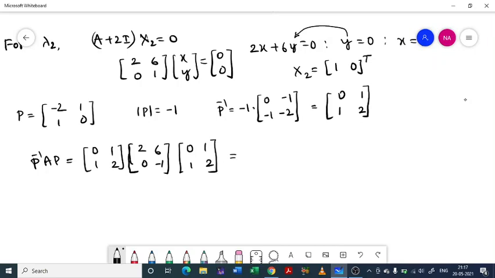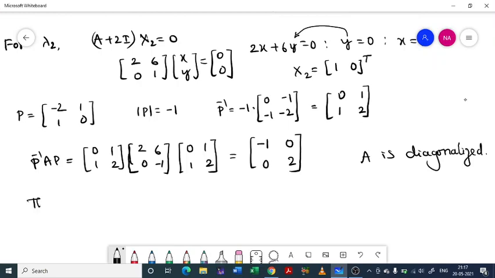So this will finally come out as [-1 0; 0 2]. You can check this. Okay, so A is diagonalizable. So A is diagonalized. Thus, I got the final solution.